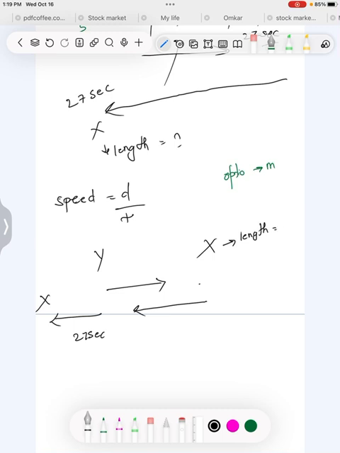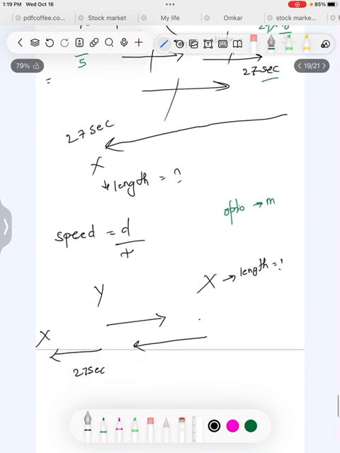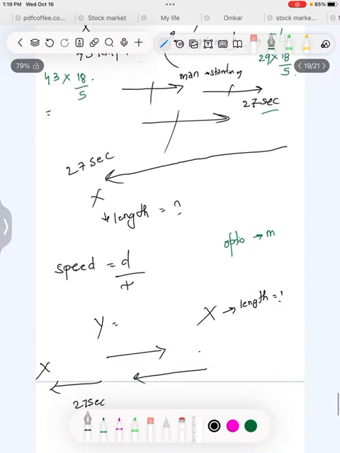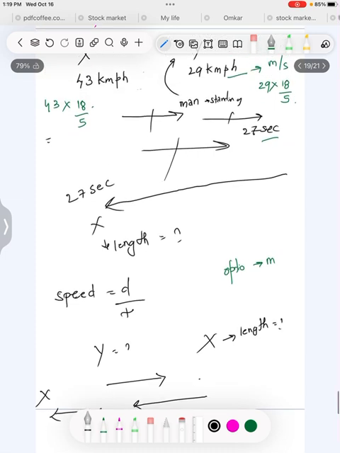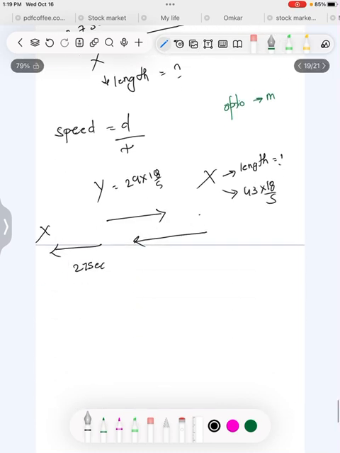They have given the speed here as 29 into 18 by 5. Here the speed is 43 into 18 by 5. Okay. So tell me, what we have to do?